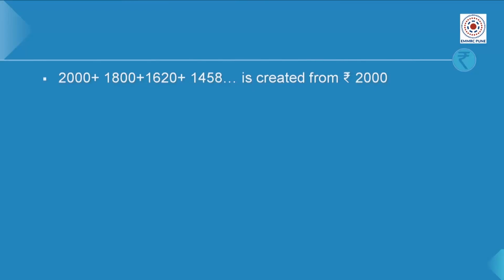Thus, new money will keep on getting created by the banks till the original amount is completely exhausted. So, 2000 plus 1800 plus 1620 plus 1458 etc. is created from 2000.